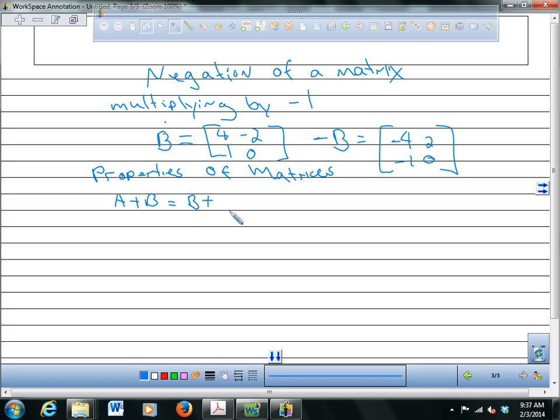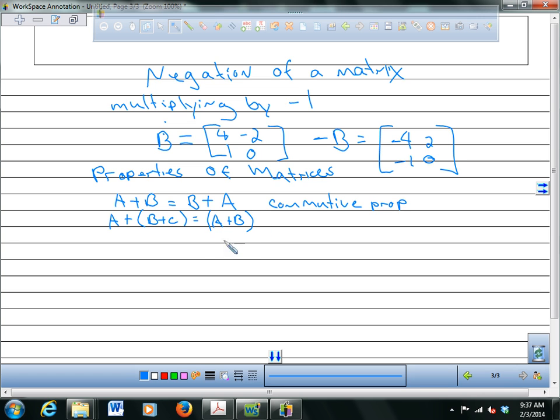Not just plain old letters. So that's called the commutative property. So you could add in either order. Commutative property of matrices.